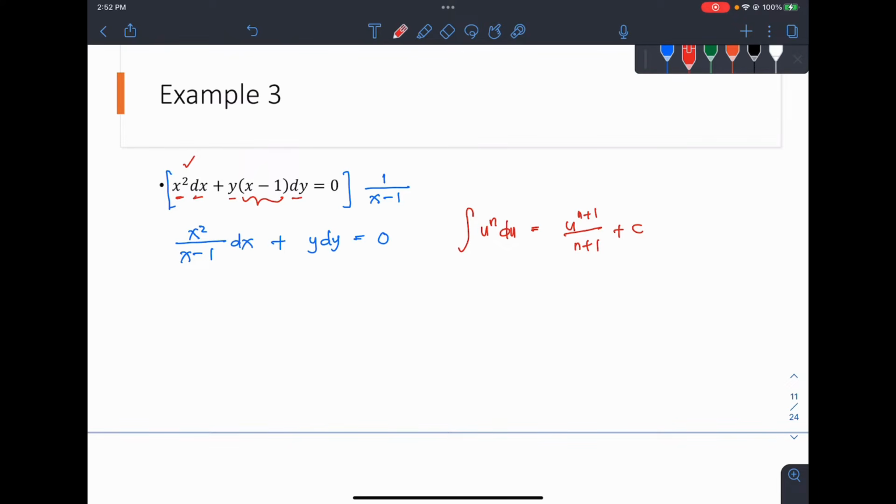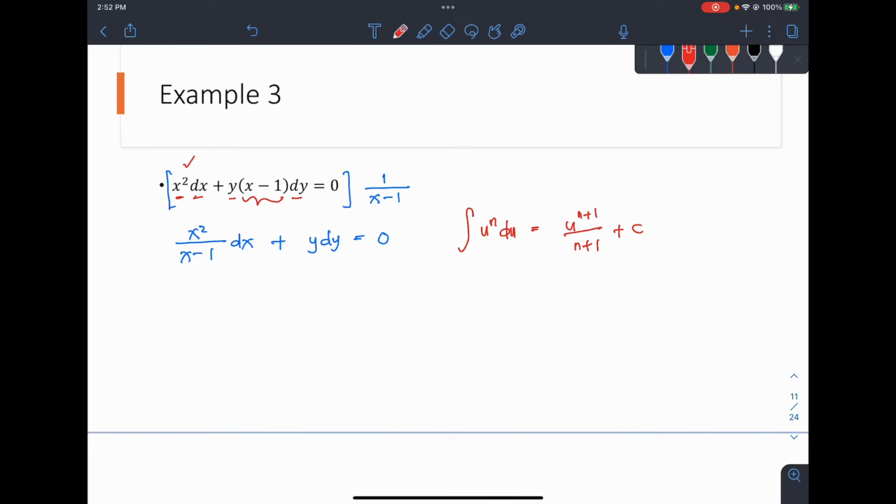Since the degree of the numerator is higher than the degree of the denominator, we cannot use logarithm here, because if we derive x minus 1, its derivative is dx, while the numerator is x squared. We were not able to get the numerator after deriving the denominator. Thus, the natural logarithm is not applicable.